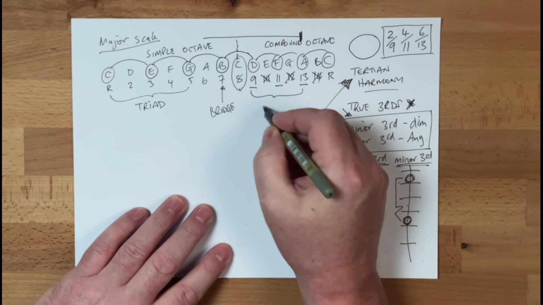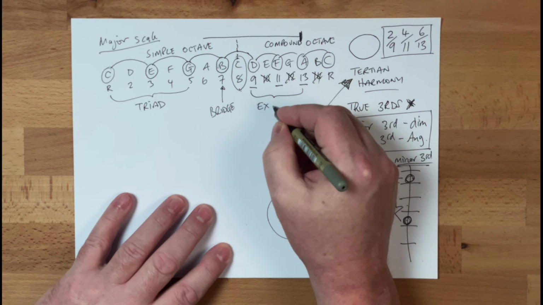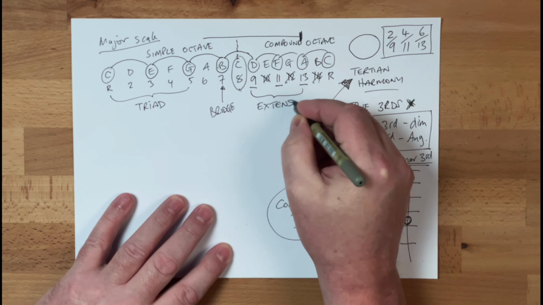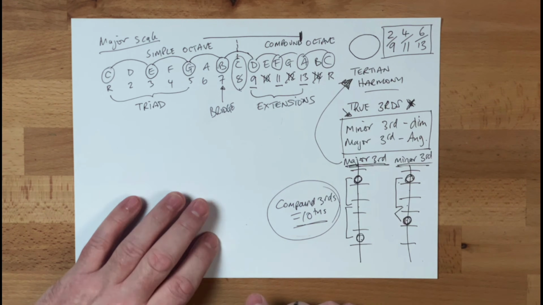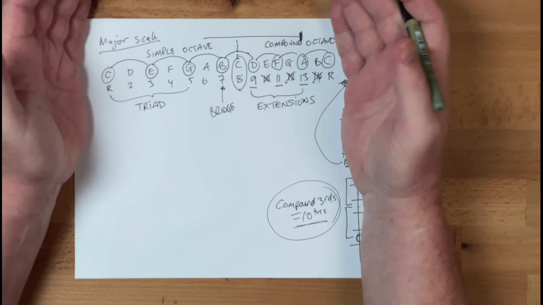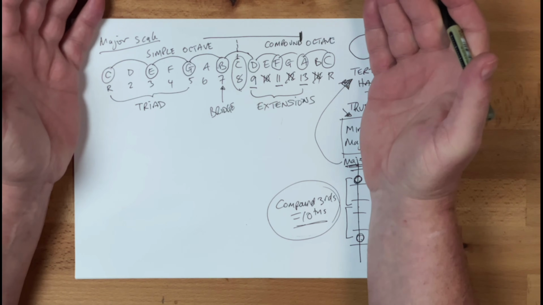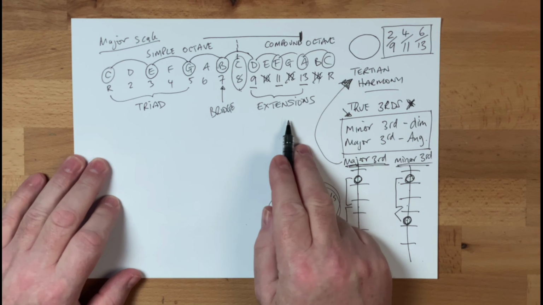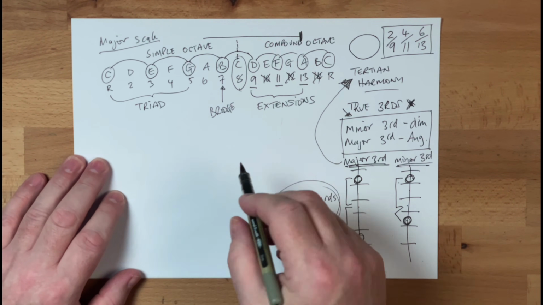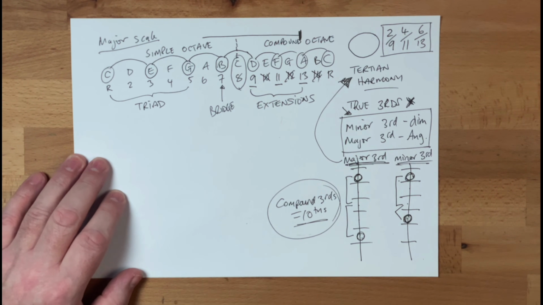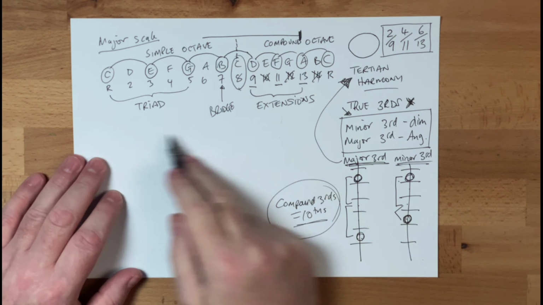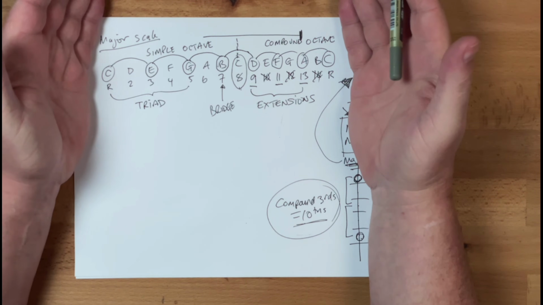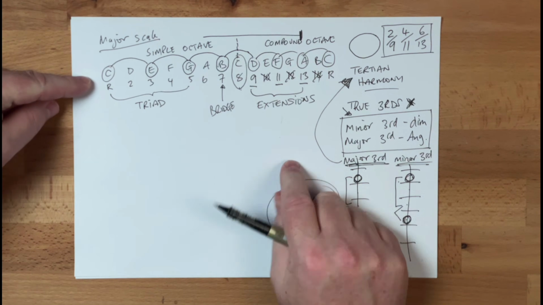Now, the 9, 11, and 13 are known as the upper extensions. And this is going to tie into the circle of thirds thing as well, because what we can do is explain all this in a different manner.